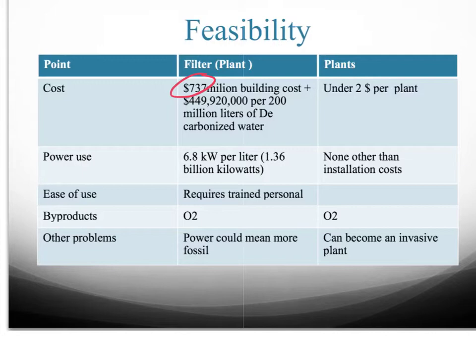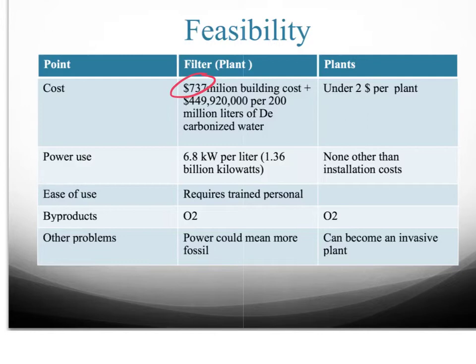Most likely it would have diesel generators or other ways that fossil fuel could be used in order to power this plant, which would in turn cause more carbon dioxide to enter the atmosphere and in fact counteract the work of the plant.